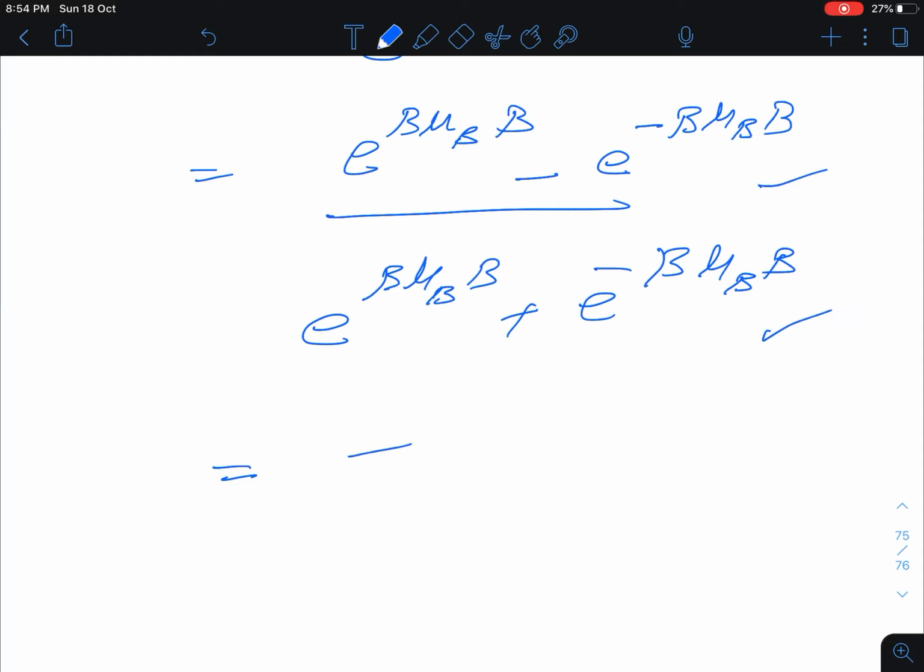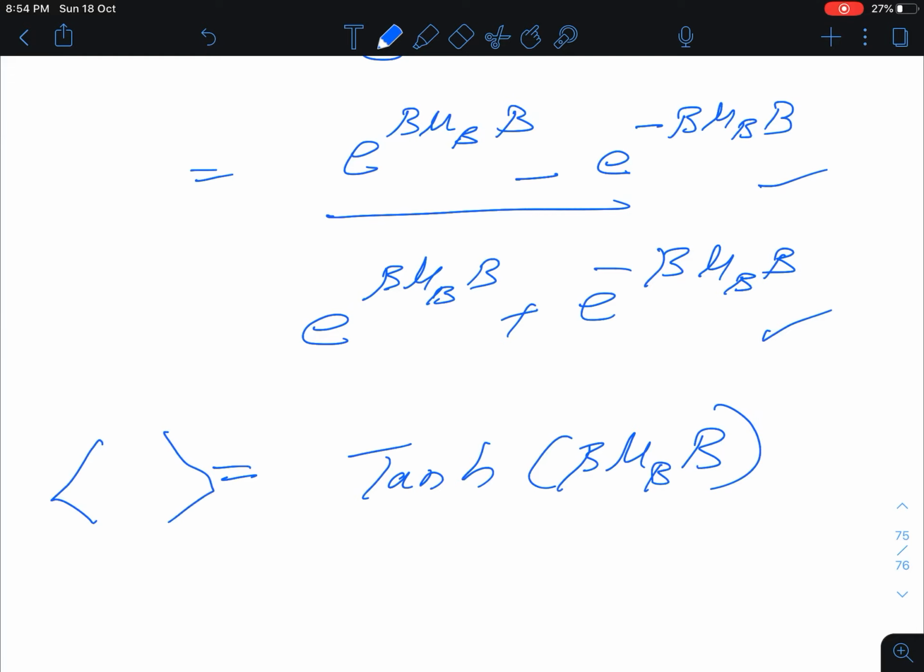So that is simply tanh of beta mu B B. That is the expectation value of sigma z.